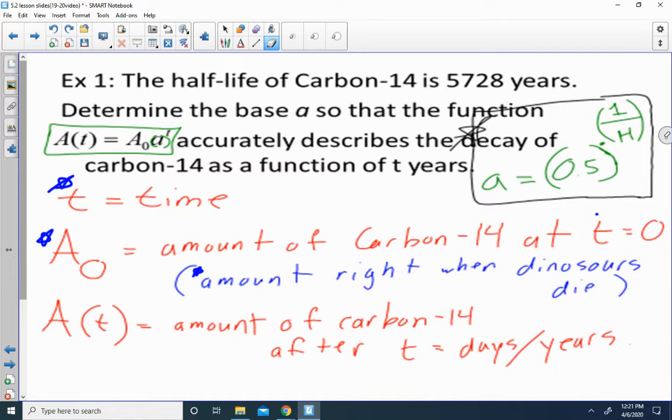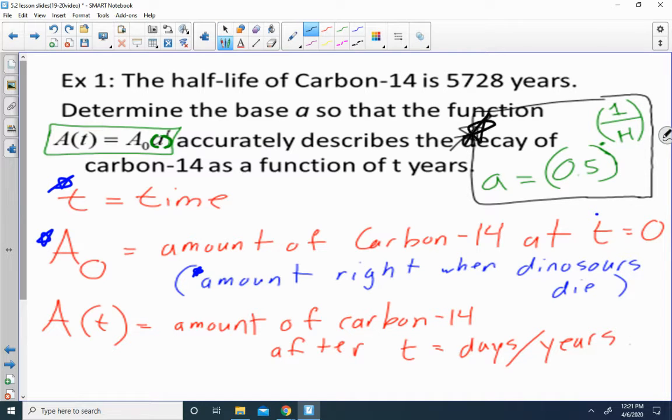But now you're probably wondering, what does this little a represent? Little a in this formula is actually the number that helps determine how fast or how slow the carbon will decay. And it involves using our half-life. And just so you know, there is a special formula to find little a.